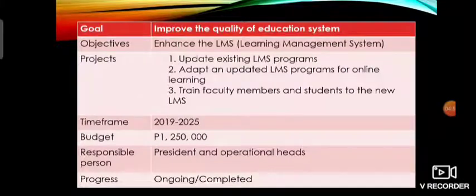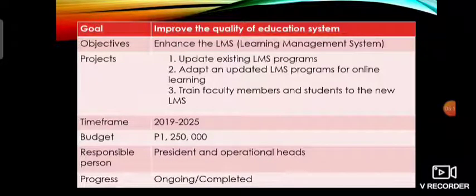So here we have the goal, the objectives, projects, time frame, budget, responsible person, and progress. Okay, so our example earlier was the enhancement of the LMS. Okay, that's our objective, but then the goal is to improve the quality of education.